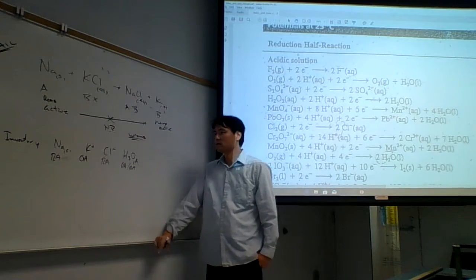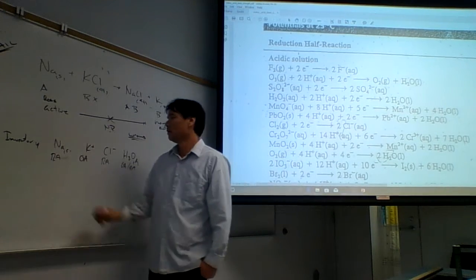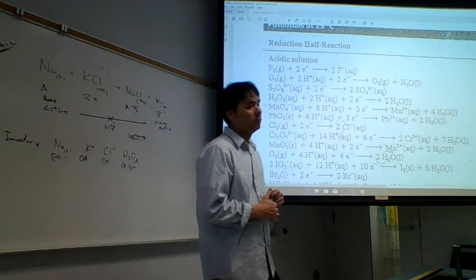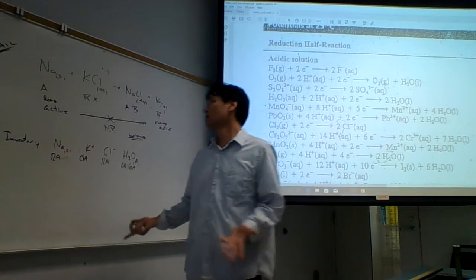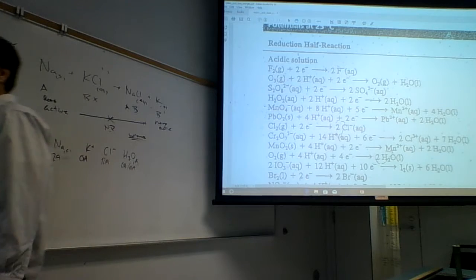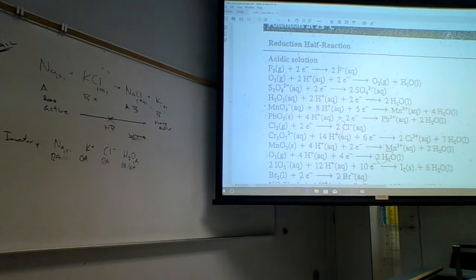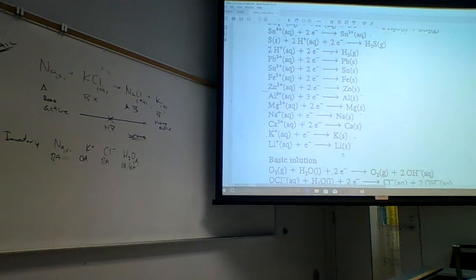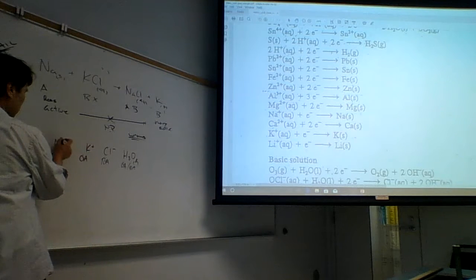So which one is the strongest reducing agent? Chloride? Single replacement assumes sodium is the strongest reducing agent. Is it? Well, what's the strongest reducing agent on the chart? Lithium. And it looks like sodium is indeed the strongest. So single replacement got that right. This is the strongest here.